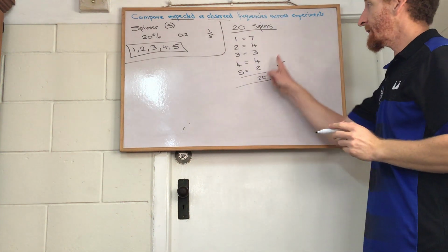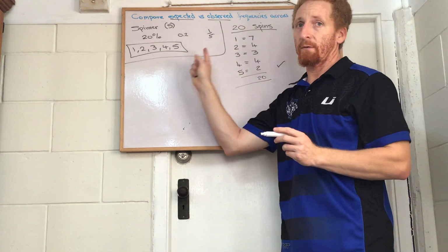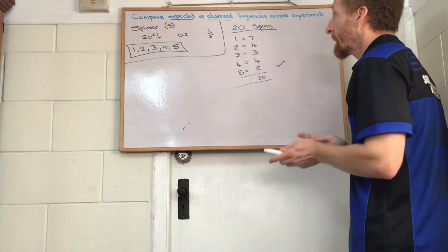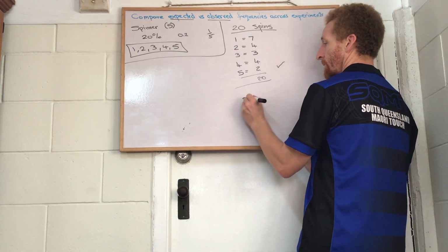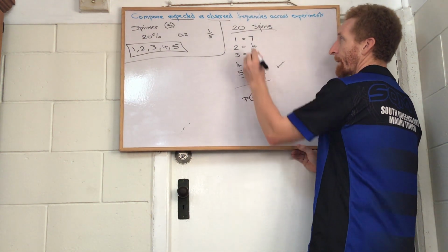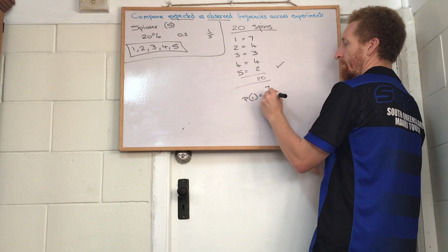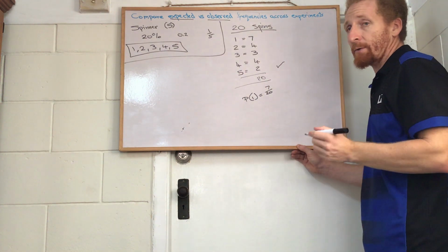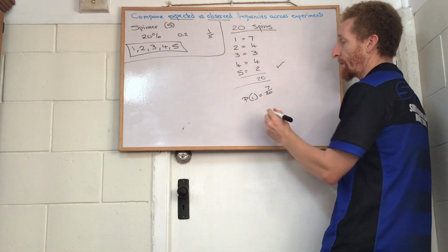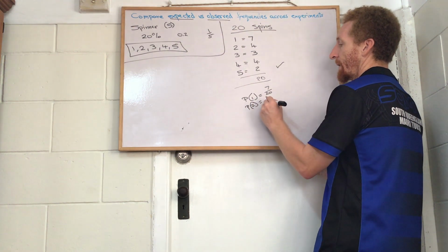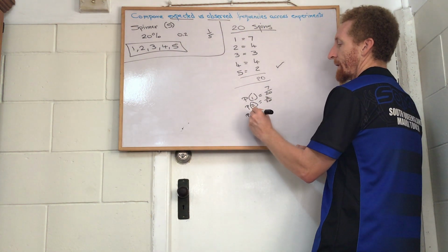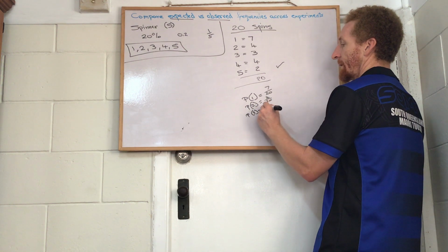Now, this is going to give us different results than that did, and that's okay. So for 1, the probability of 1 was 7 out of 20. 7 is a prime number, so we can't simplify. So let's just write them all out of 20 to start with. A probability of 2 is 4 out of 20. A probability of 3 is 3 out of 20.